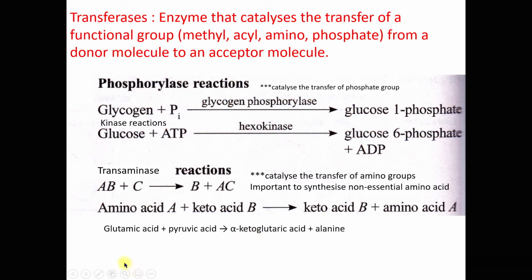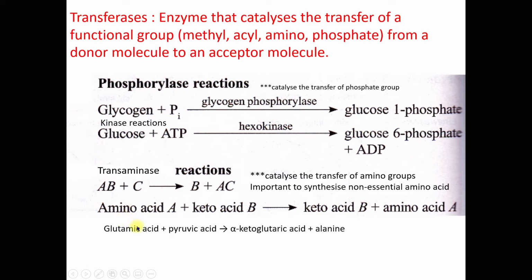Then the amino group from the glutamic acid is shifted or transferred to the pyruvic acid, right? So when this pyruvic acid receives the amino group from the glutamic acid, this pyruvic acid becomes alanine. Okay, this transaminase reaction is very important because this transaminase reaction synthesizes non-essential amino acids.